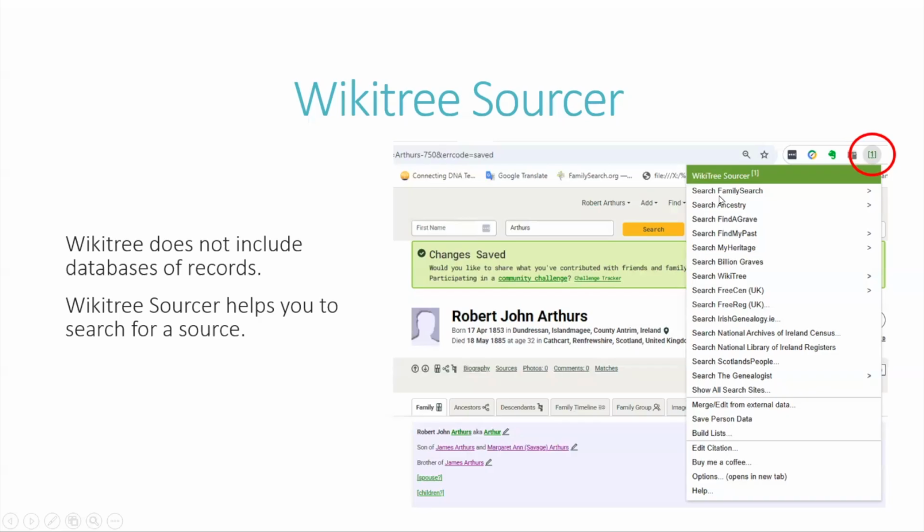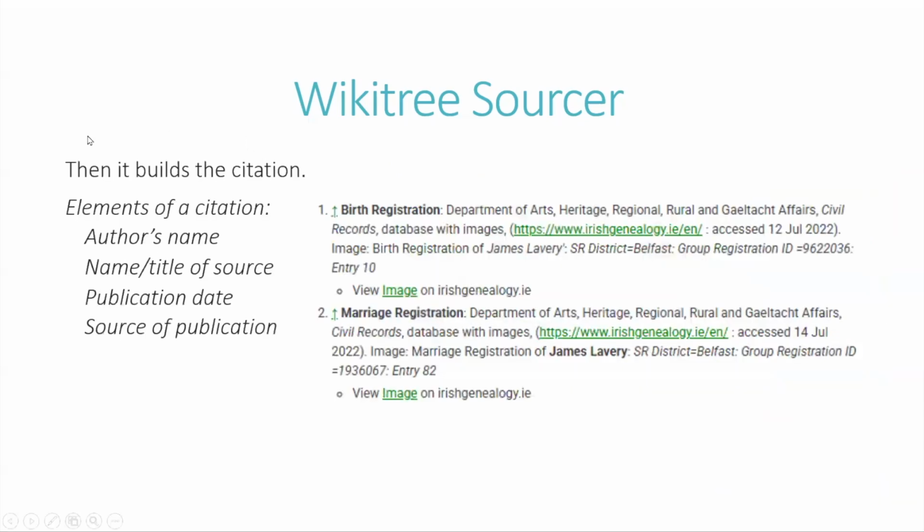And that is a very good way of searching from WikiTree in all of the big databases for information. As well as helping you to find records for the profiles that you've added, WikiTree Sourcer also helps you to record that. And it does it in a proper way.